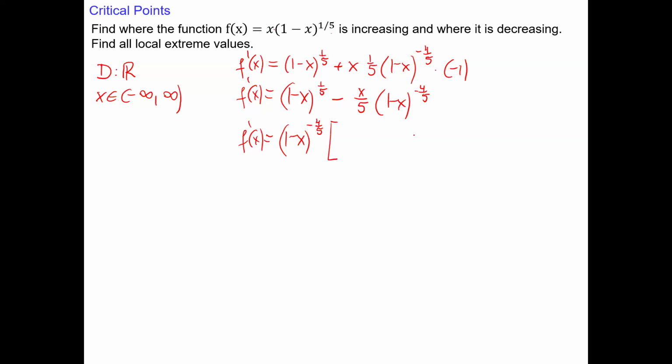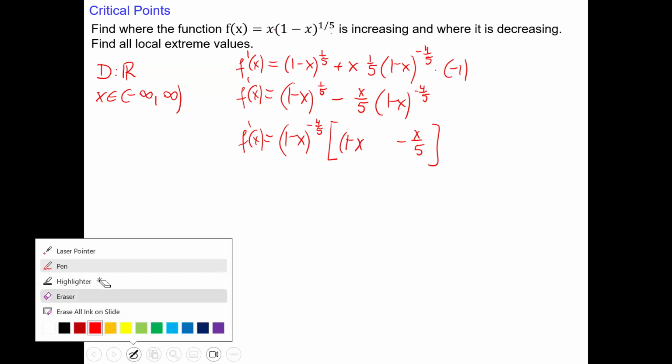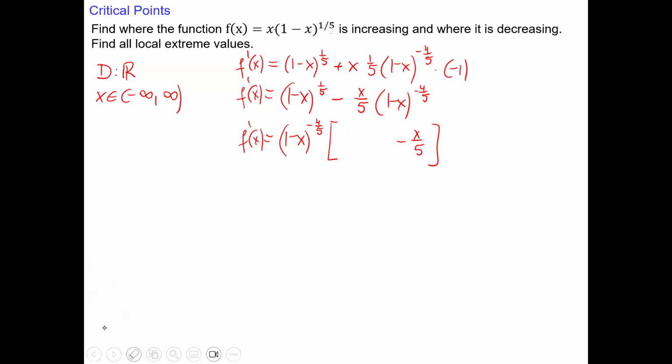Then the second quantity will end up with just x over 5, and this one will be 1 minus x raised to the power of 1. I hope we can see this, because when we distribute back, same base, different exponents, we will add them.